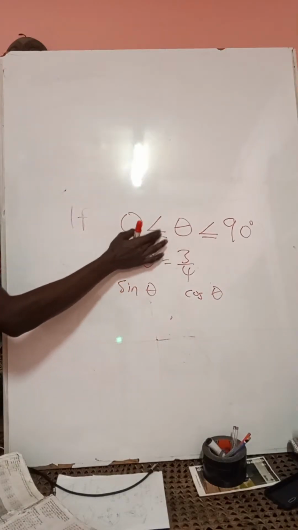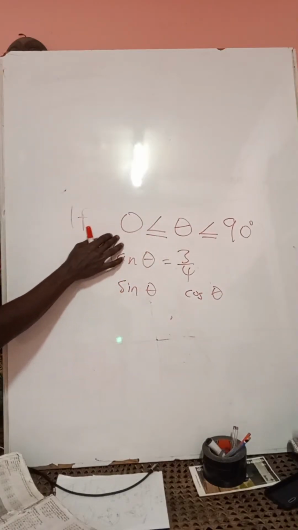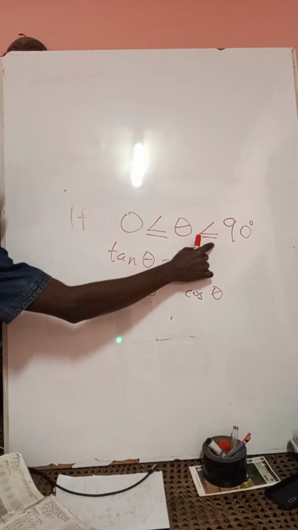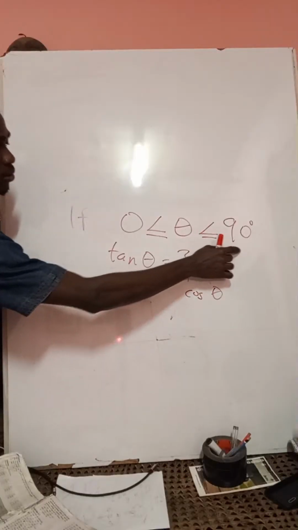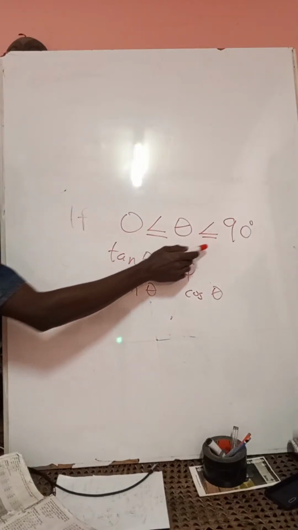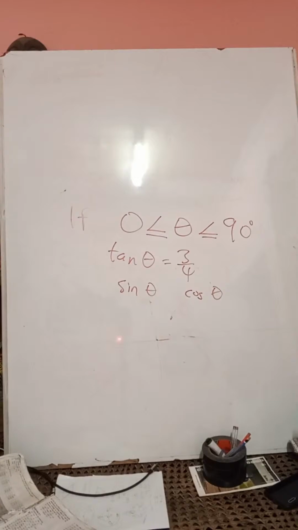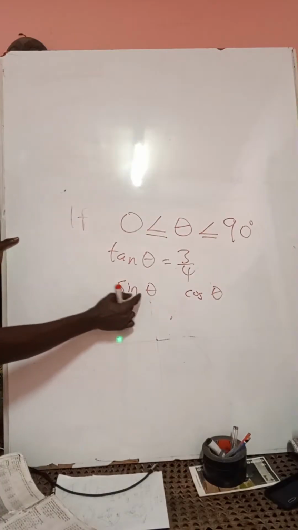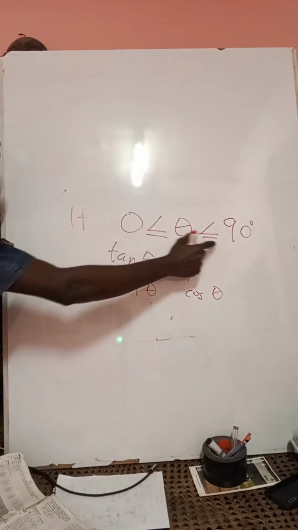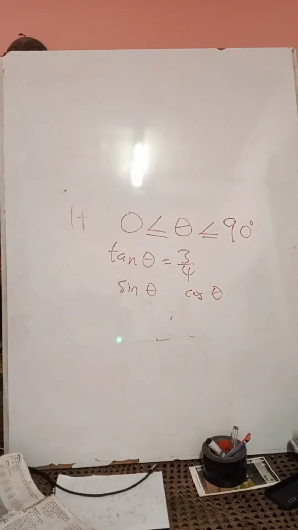So theta is greater than or equal to 0, and this is less than 90. It means that the angle falls within 0 to 90 degrees, so the angle is an acute angle.